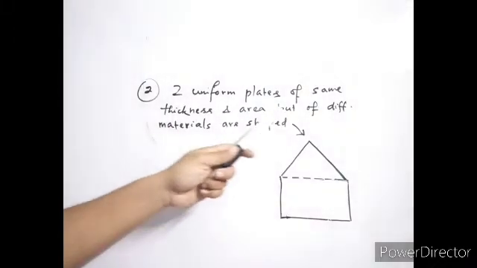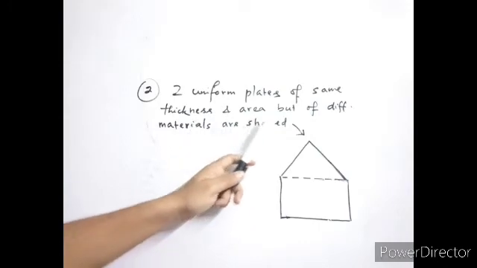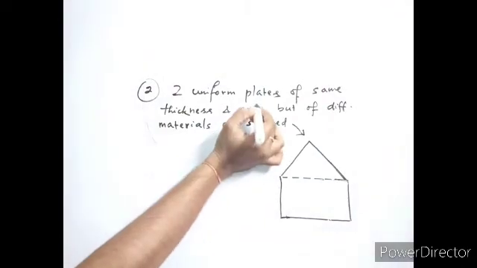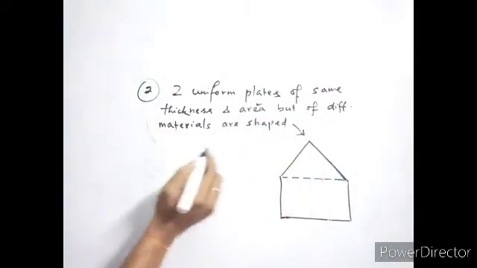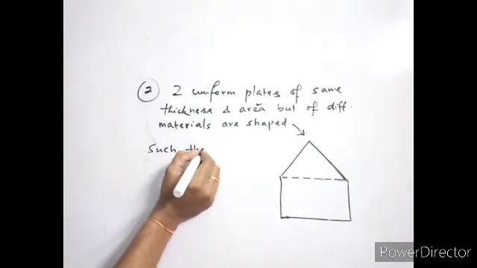Now the second question has two uniform plates of same thickness and area, but of different materials. So the area is same, that is to be noticed, and thickness is same, so obviously the volume will be same.